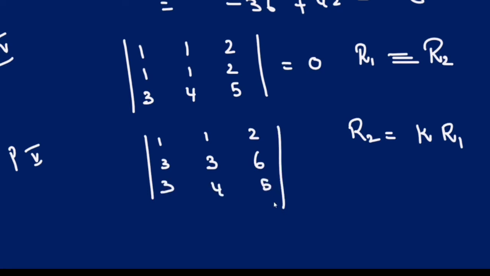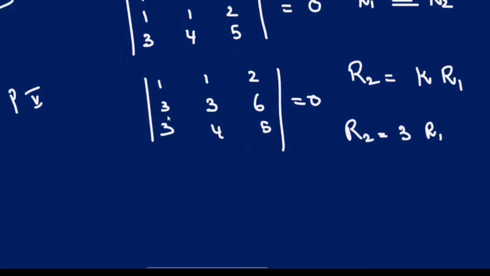So here, the second row is actually 3 times row 1, correct? So in that case also the determinant value is 0. How? In the second row you have a common number 3, take it out. So if in any one row something is common, you can take it out.